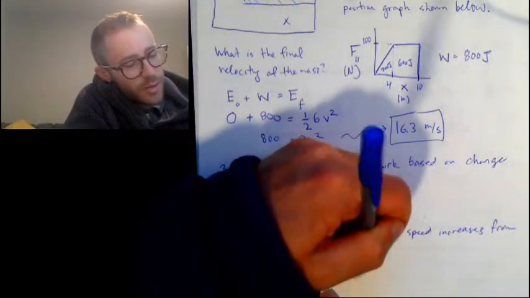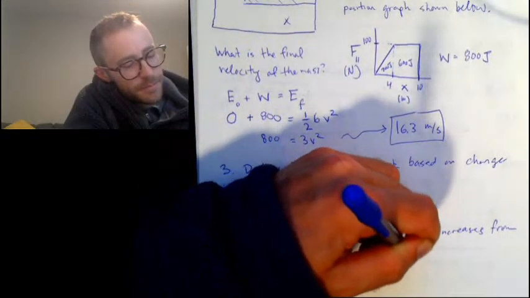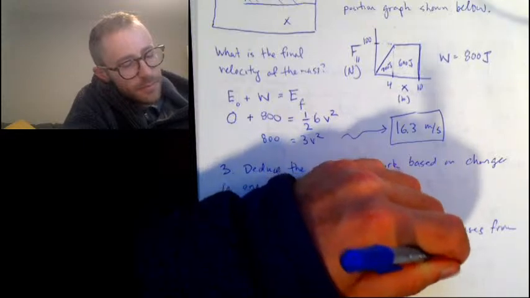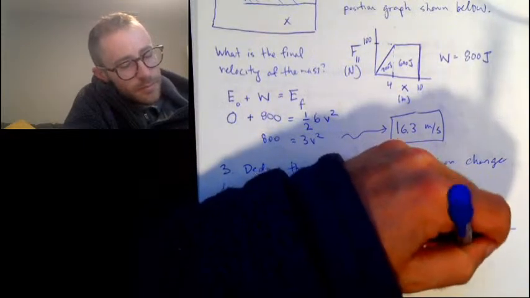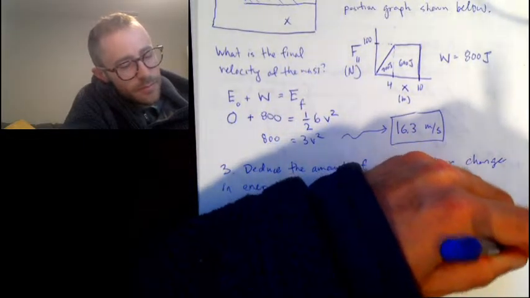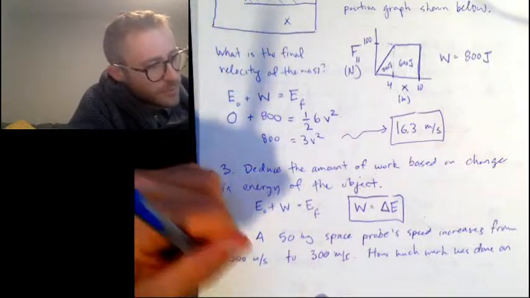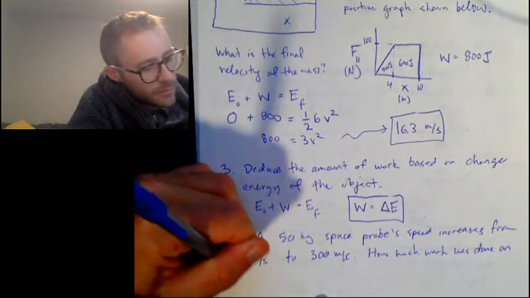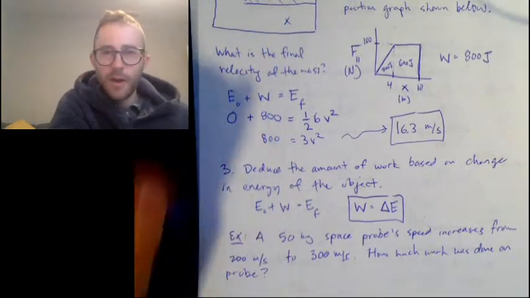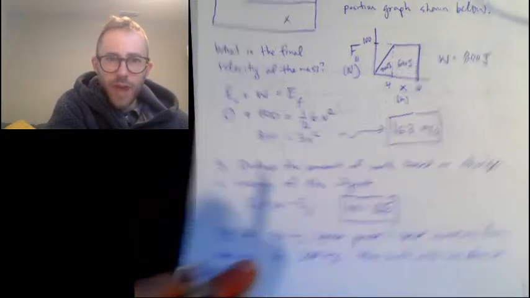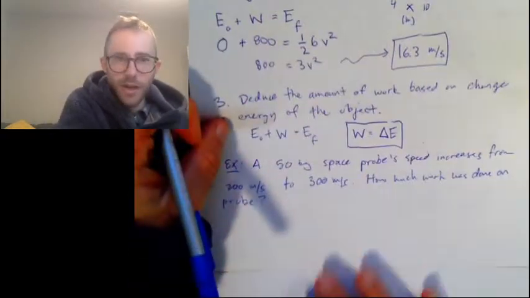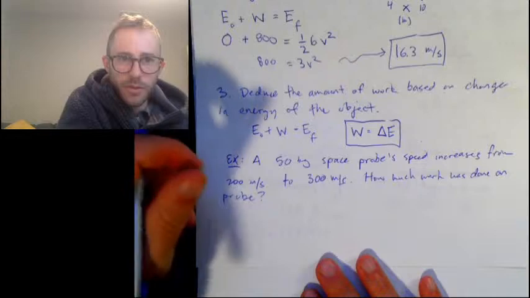How much work was done on the space probe? Okay, so this is happening in outer space, so we don't really have gravitational potential energy. We don't need to worry about that.